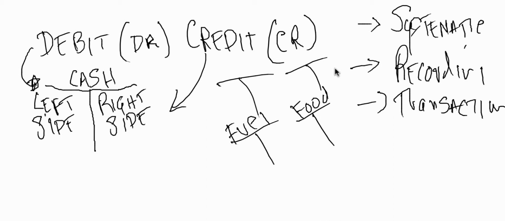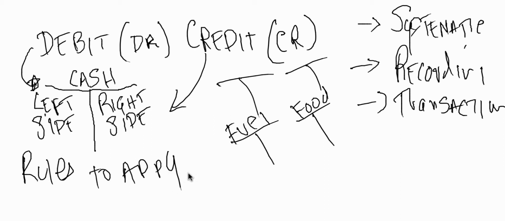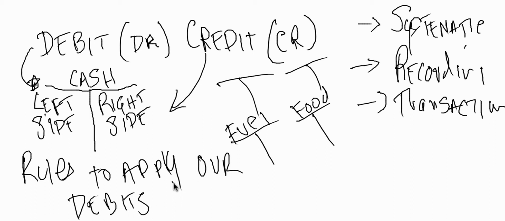All the transactions that we record are recorded in these T accounts. Well then, we have to take a look at some rules to apply to our debits and our credits.